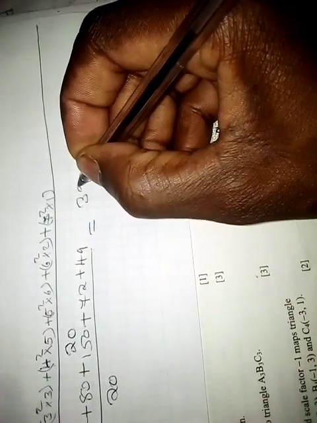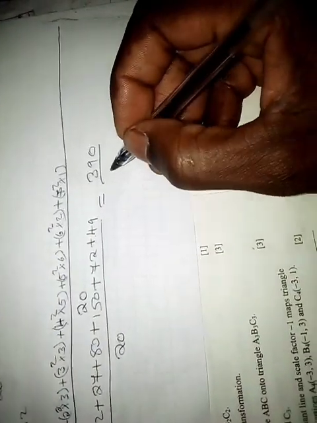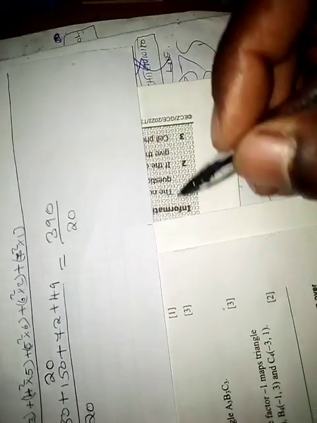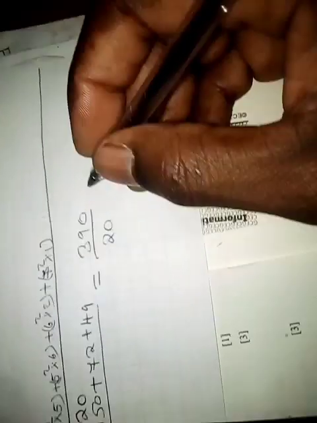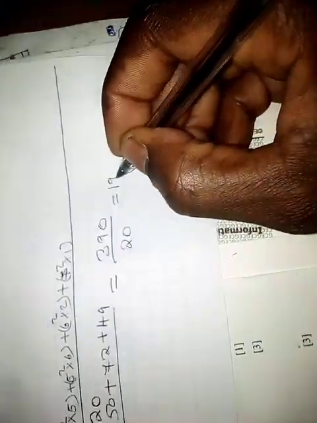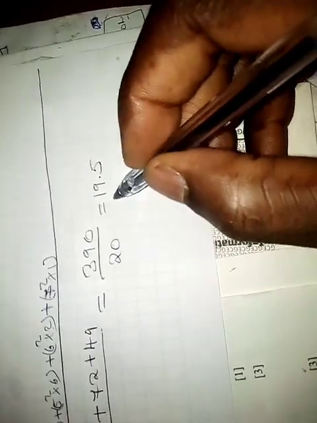So the answer is 390 all over 20. If you divide there, 390 divided by 20, we have 19.5. So this 19.5 is what we have.